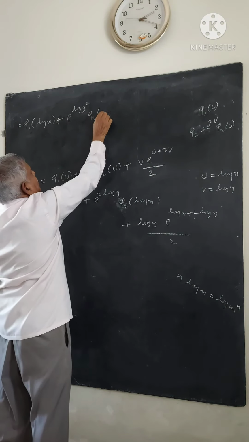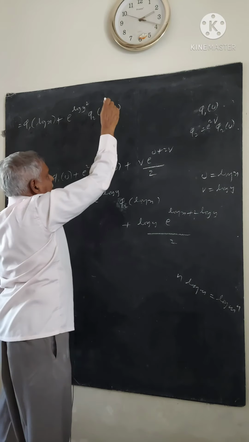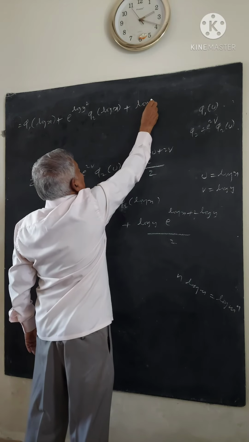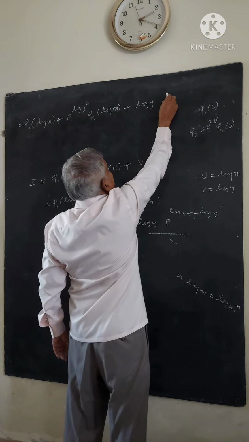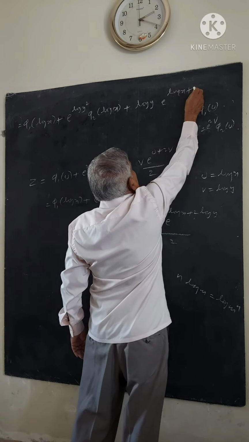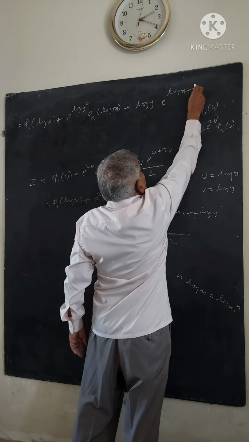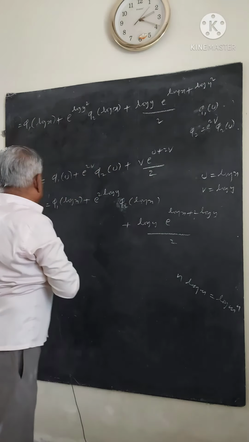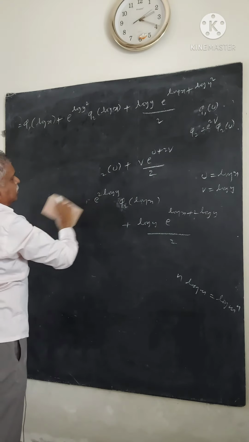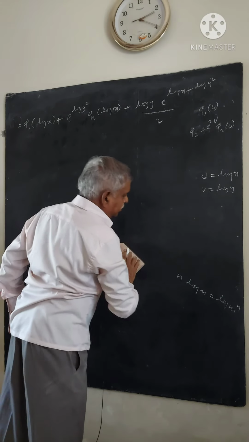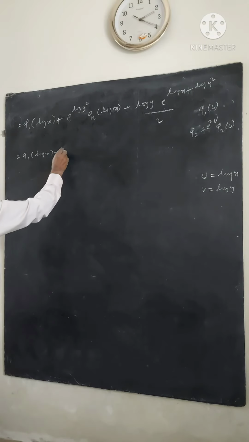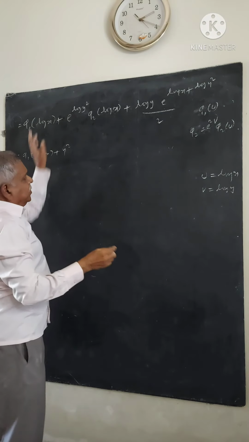Phi 2 of log x plus log y e power log x plus 2 comes to power, log of y square by 2, equal to phi 1 of log x, y square. E log vanishes.